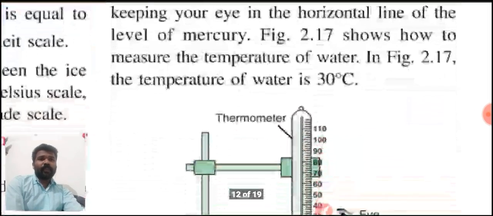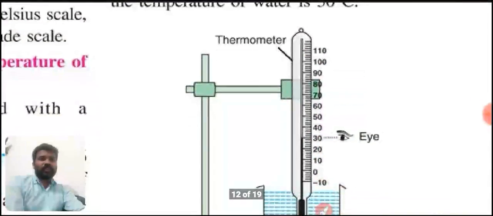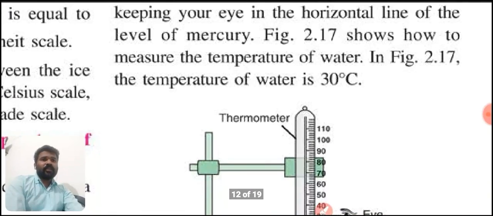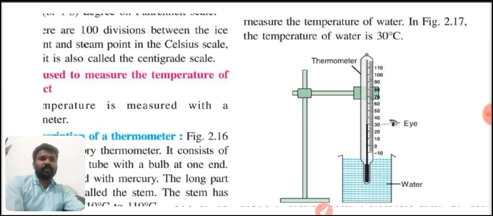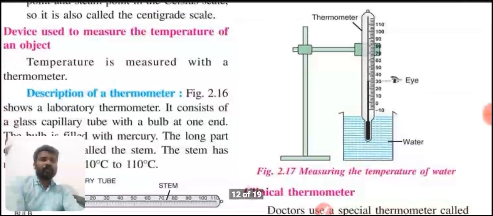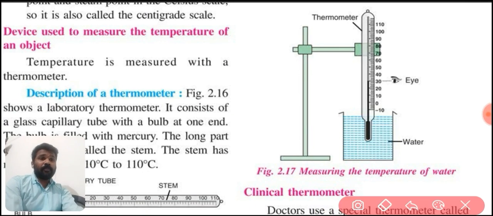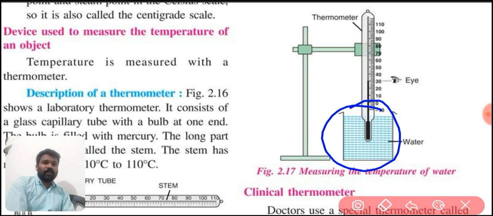Here in figure 2.17 we can see how to measure the temperature of water. The thermometer is kept here. You see the bulb of the thermometer is kept inside the water.